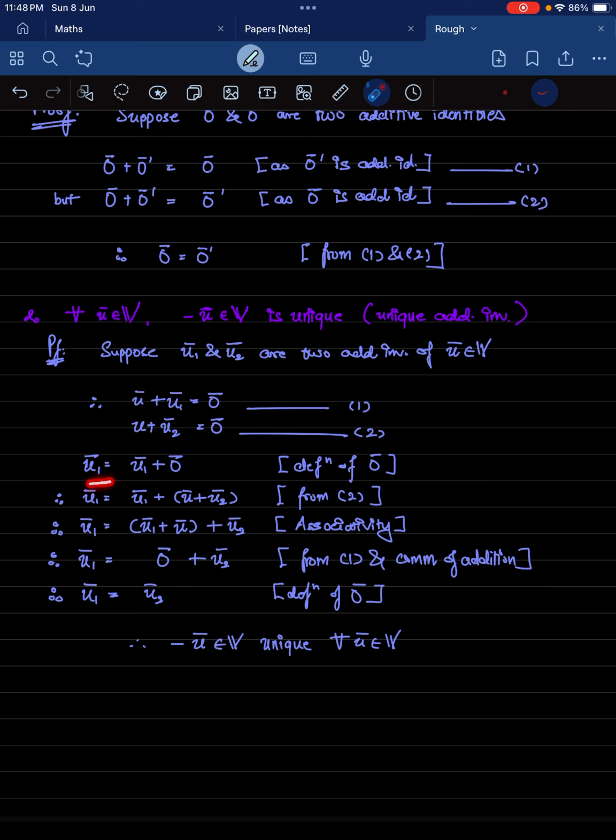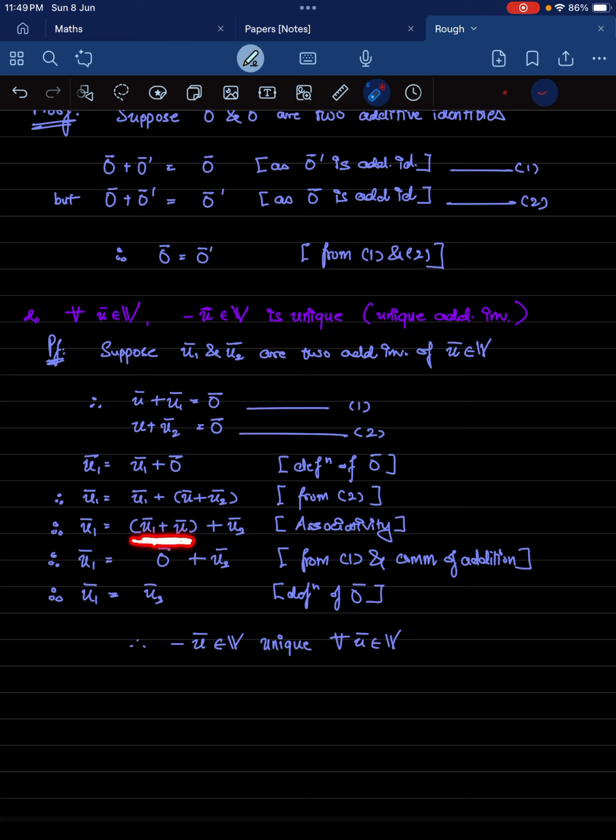Now u1 can be written as the sum of u1 and 0. Why? Because that's the definition of 0. It will result in itself. Now this 0 over here can be written as u plus u2, because that's what this equation is about. u plus u2 is 0 because u2 happens to be the additive inverse of u. By associativity, I can shift the parentheses over here. That's what this step is about.